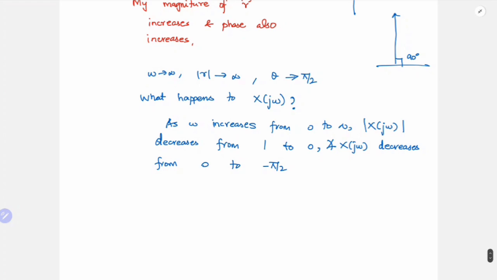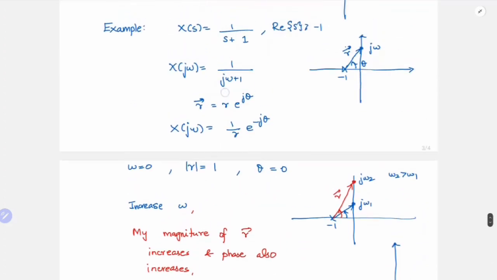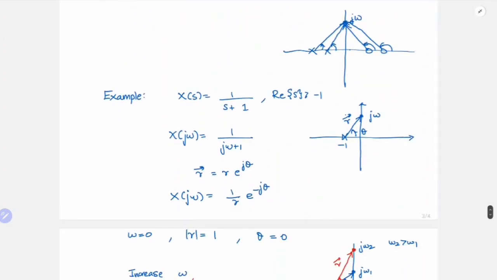So using this you can also plot the magnitude and phase spectrum. So you may think, why can't I directly take the magnitude from here? It's just 1 by root of 1 plus omega square, and I can also determine the phase, which is minus tan inverse of omega. So yeah, for one pole system it is straightforward, but if you have multiple poles, then it is not straightforward, right?